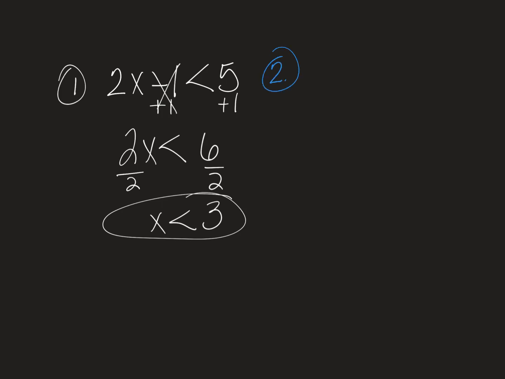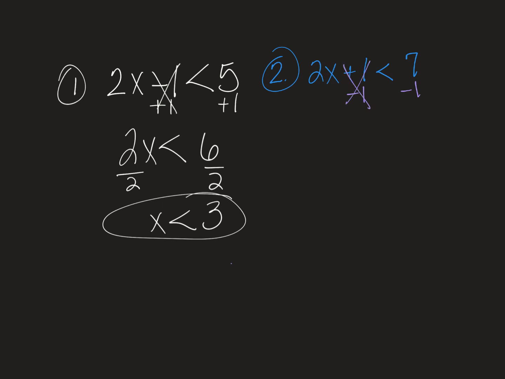In this case, it is very similar, except it's 2x plus 1 is less than 7. Again, you're working these as if you are solving them like equations. So I'm going to minus 1 from both sides.